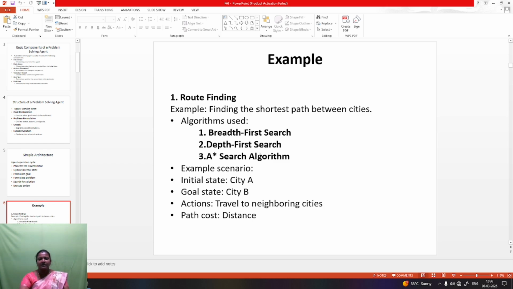Then the initial state is city A. Here the goal state is city B. The actions performed here are traveling to neighboring cities. Here we are traveling through the cities. Which cities have the least distance? Then path cost, the distance between A and B.